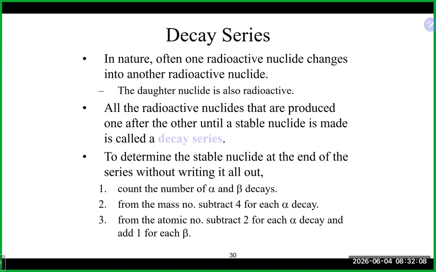Remember that what you start with is sometimes referred to as the parent nuclide. Nuclide is, again, a fancy way of saying the nucleus, basically the isotope that you're looking at. And what is formed is usually the daughter nuclei. Again, they will continue this process until they hit something that is relatively stable.